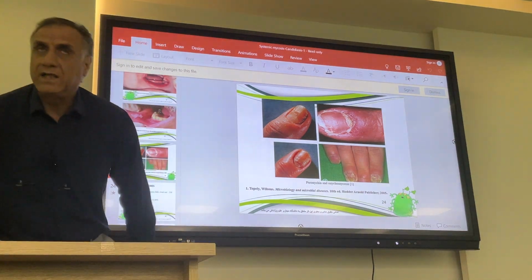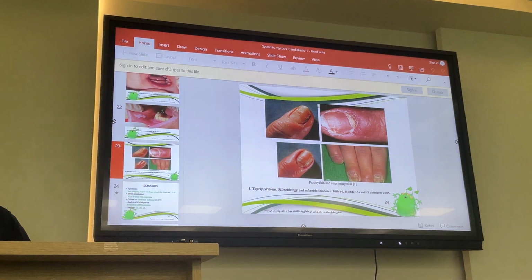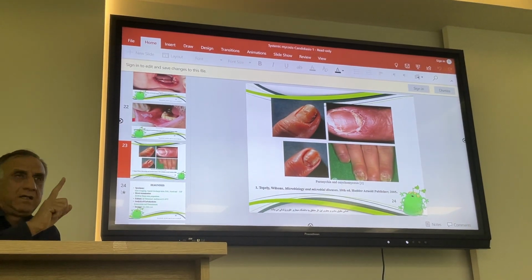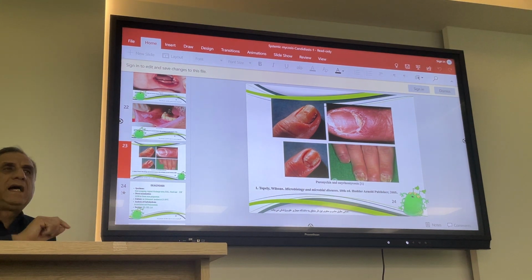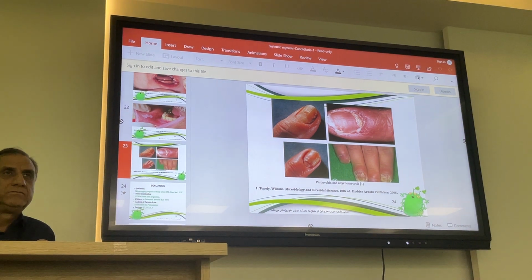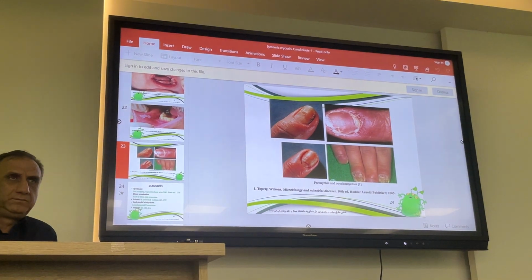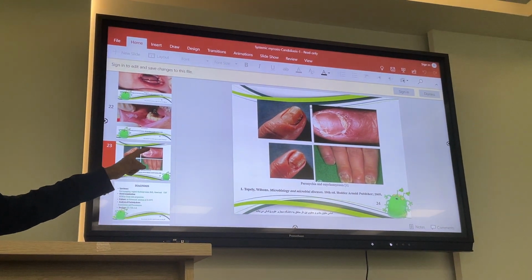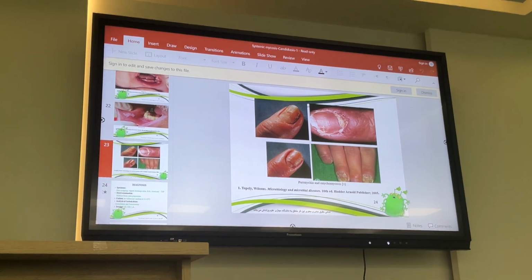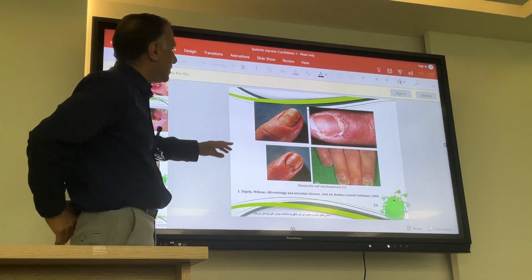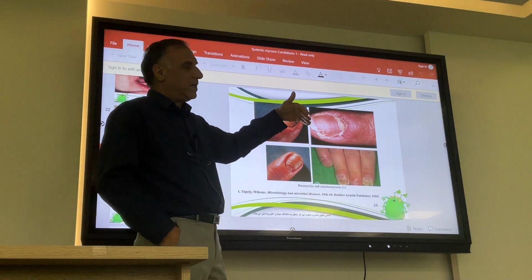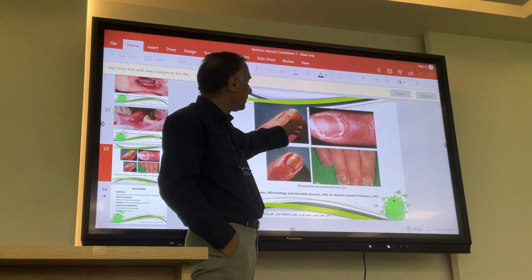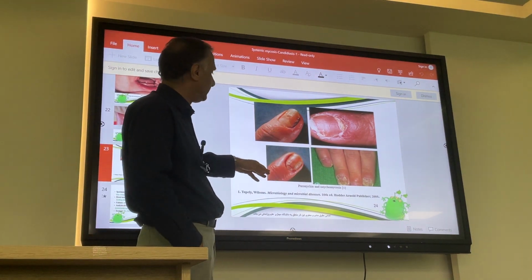Sometimes Candida invades the nail in the children group, and women show a high rate of nail candidiasis. You find this clinical sign: the nail changes from white color to black color based on the species of Candida.